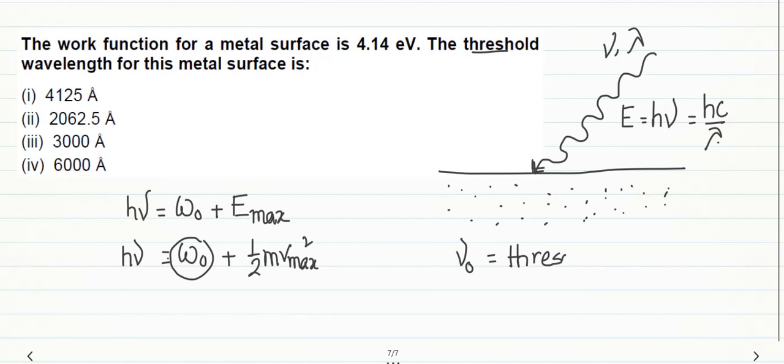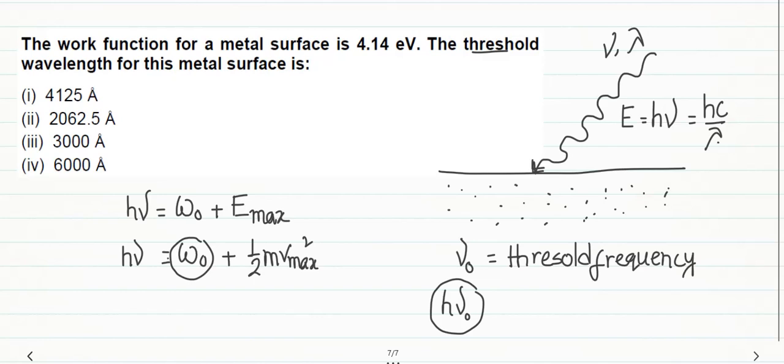Threshold means from that value of frequency, the photoelectric emission occurs. If an electron has the frequency nu naught, then its energy is h nu naught.